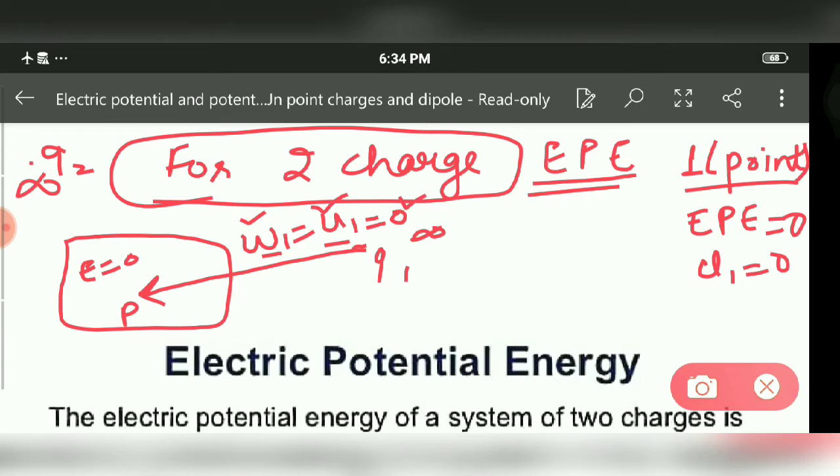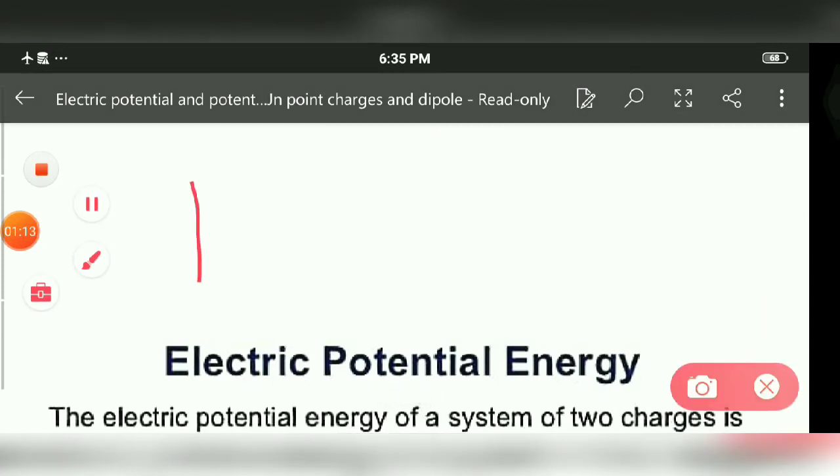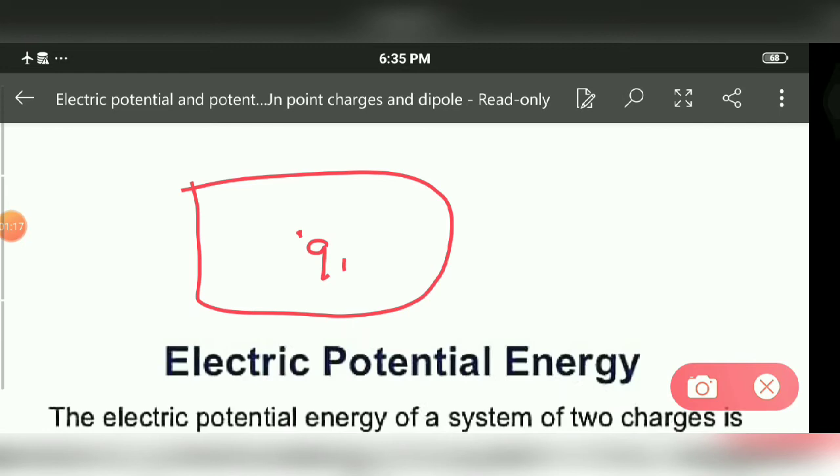Now work done is required to bring charge q2 from infinity to point P. Suppose the distance between q2 and q1 is r1, because q1 is already there.